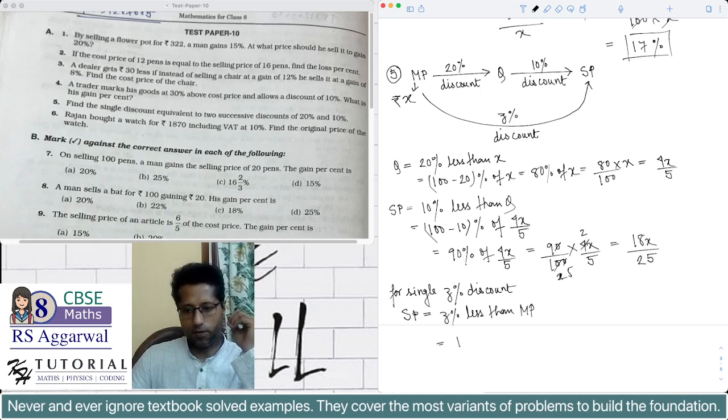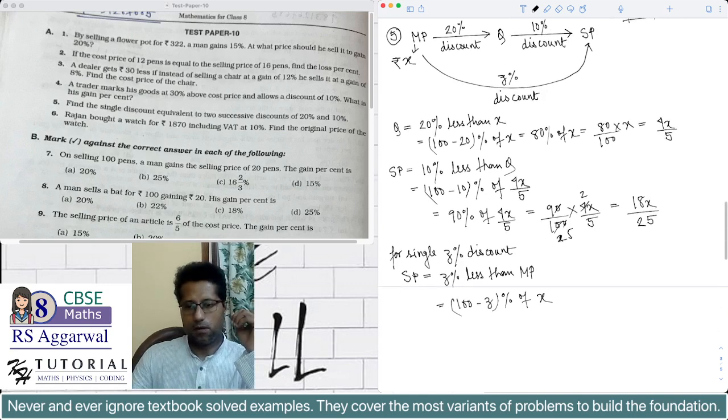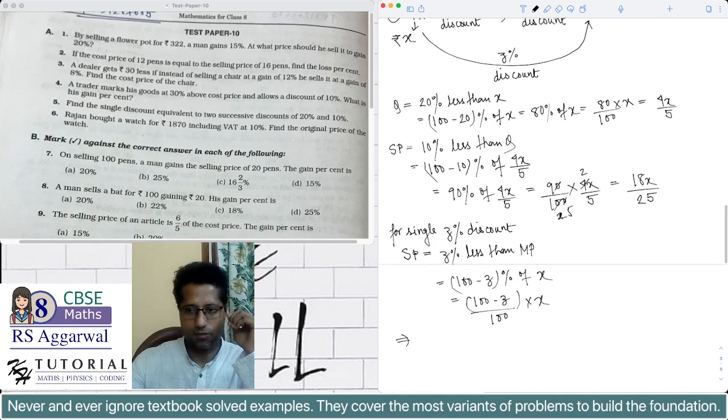This is equal to 100 minus Z% of the mark price, which is X. This will be equal to 100 minus Z divided by 100 whole multiplied by X. So this implies that the two SPs must be the same. So we must have 18X by 25 is equal to 100 minus Z multiplied by X divided by 100.